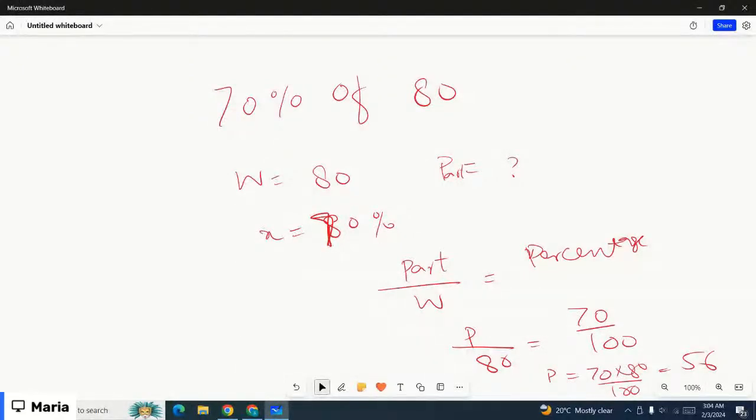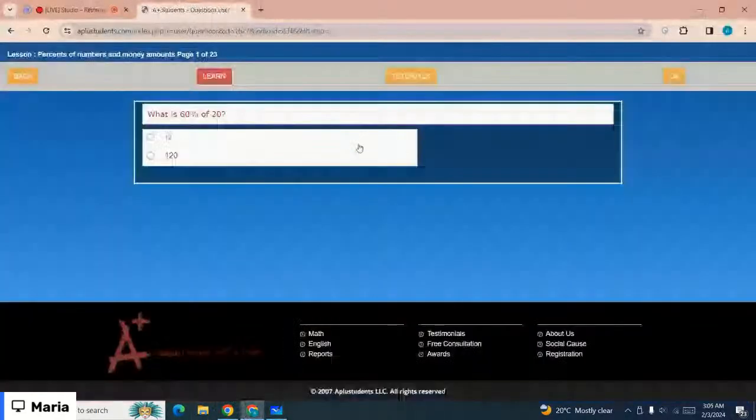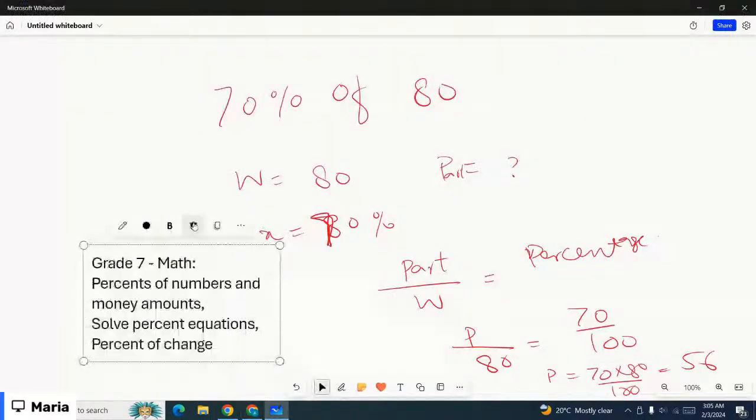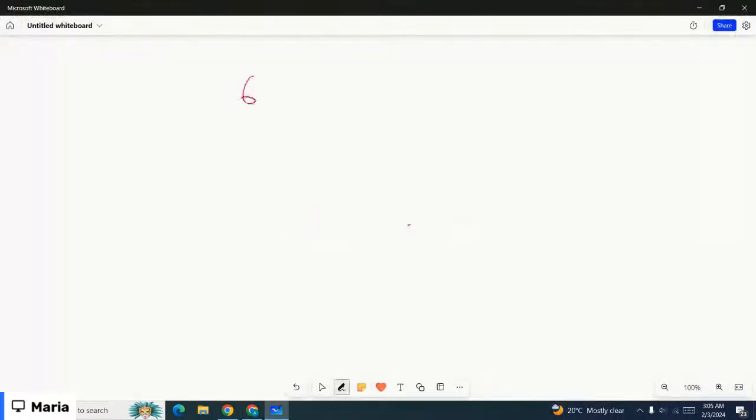Let's start with the test questions. What is 60% of 20? So you need to calculate 60% of 20. How do we calculate? 20 is the whole number. You need to calculate the part of 20. How much part? 60%.